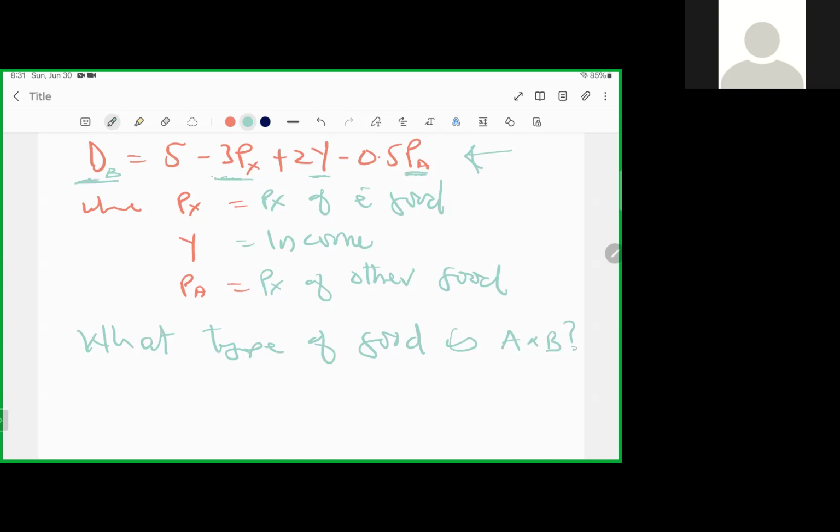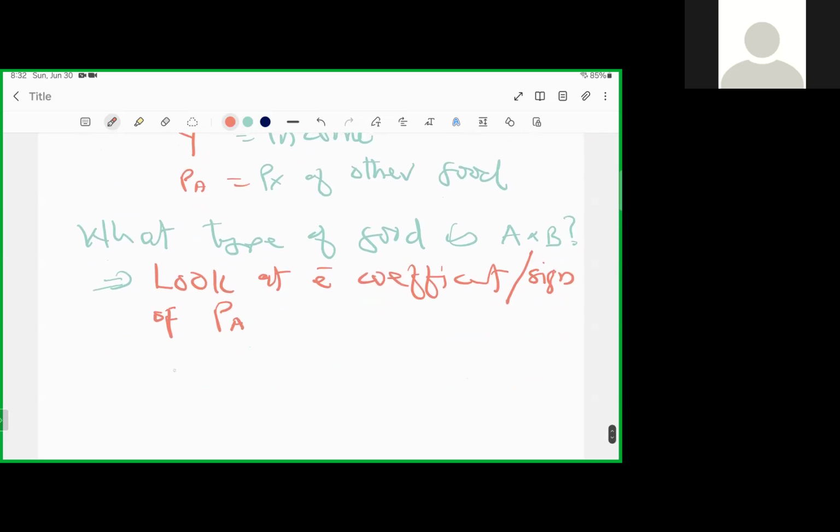To be able to answer this, you should look at the coefficient, or the sign, of the price of the other good.